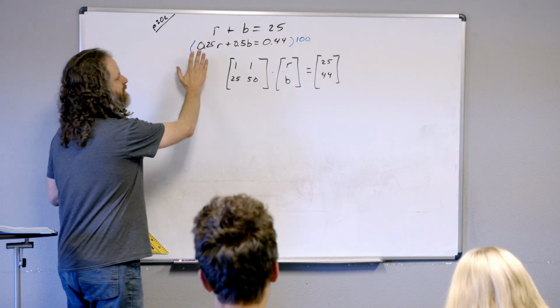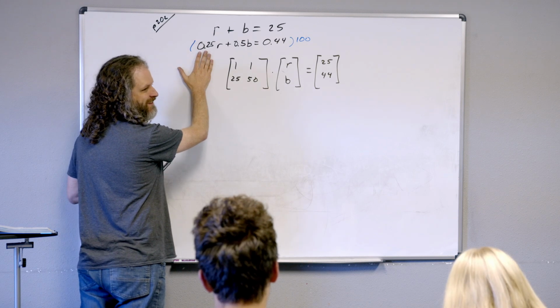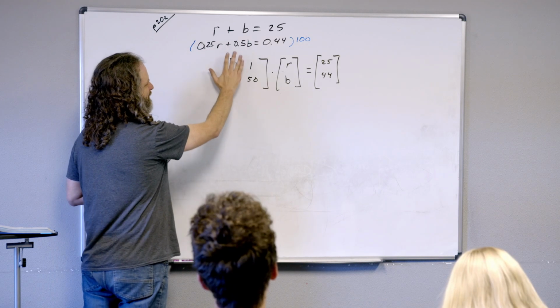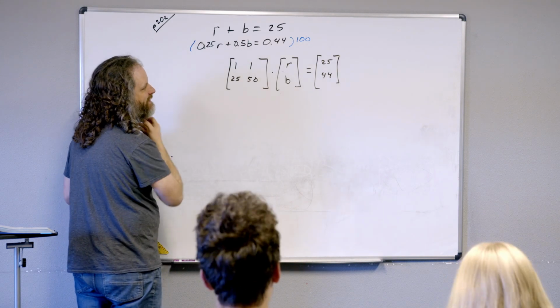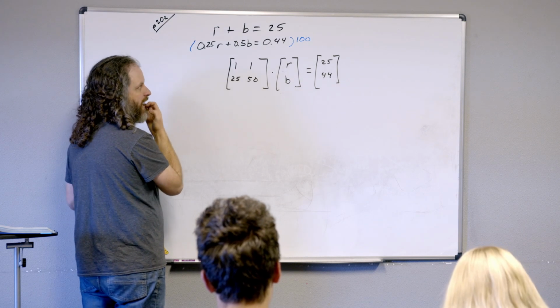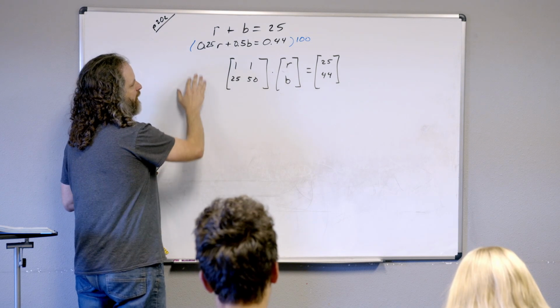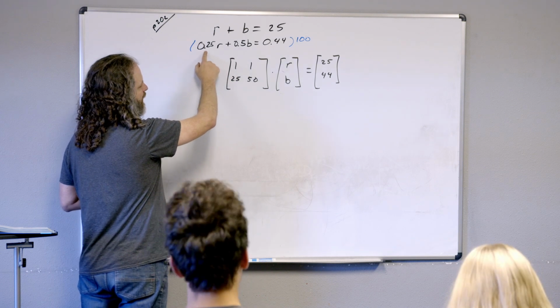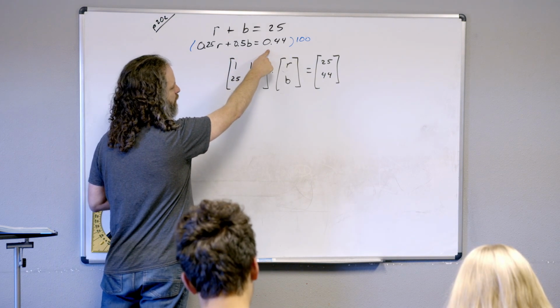Well, 100 times 0.25 is what? But how does it work in the matrix? I just skipped the step of rewriting this as 25R plus 50B equals 44 and went straight to writing it into the matrix equation.